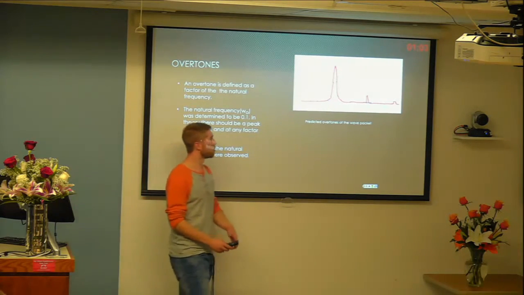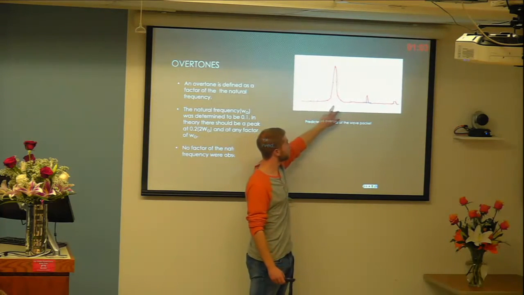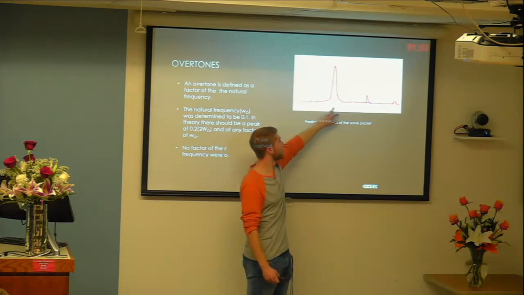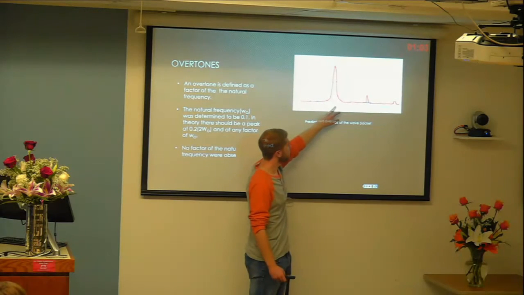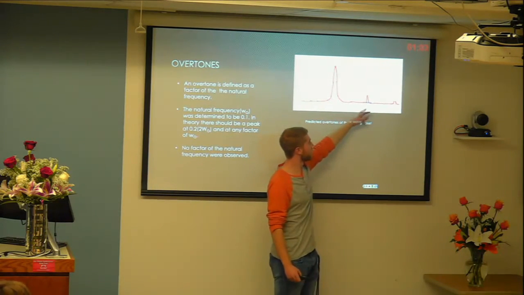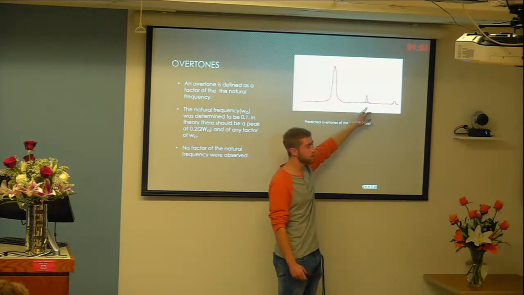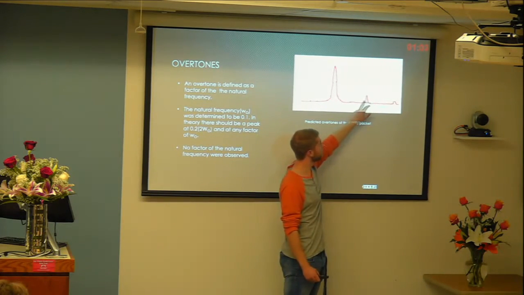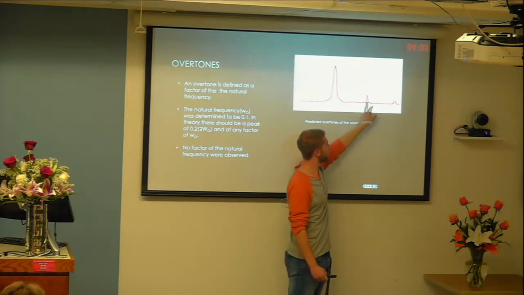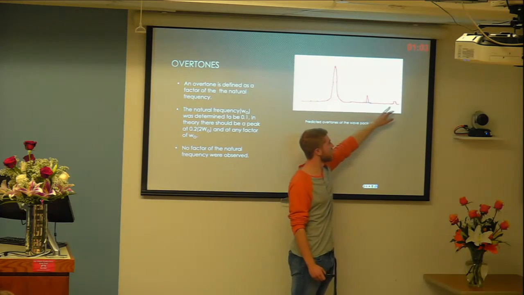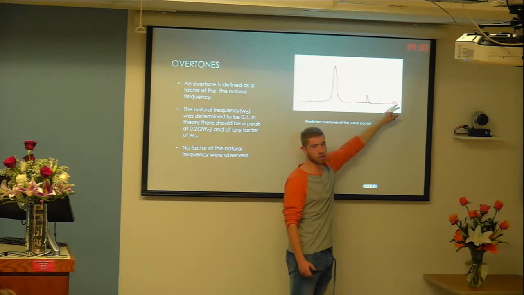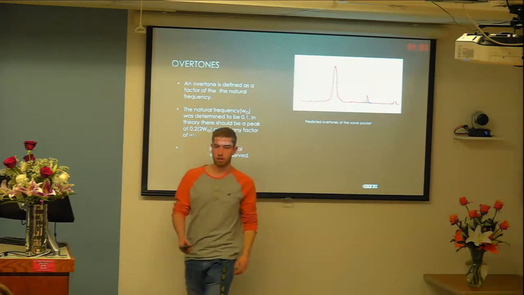So here is where I've observed my initial frequency, and in theory there should be another overtone at this 0.2 value, but this was not observed. And in theory, there should be another overtone at 0.3, and so on.